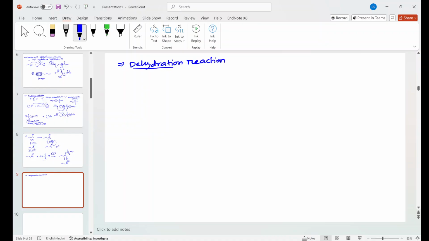Briefly discuss the dehydration reaction. If you react concentrated sulfuric acid with an alcohol, what will happen? This is the structure.